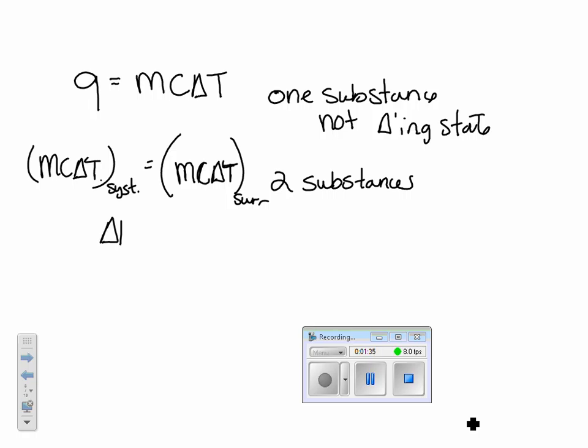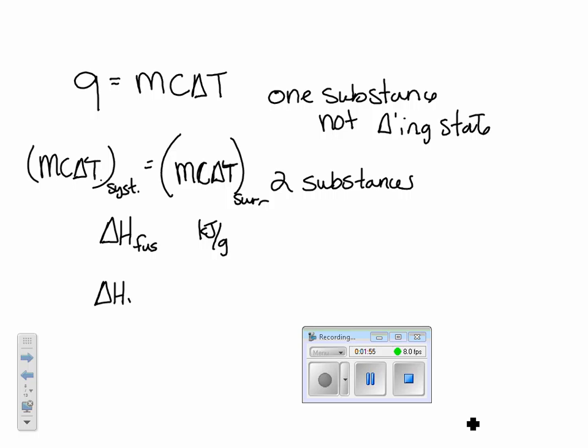So if a substance is melting, we will use the enthalpy of fusion expressed in kilojoules per gram. Sometimes that's expressed in kilojoules per mole, but well, we're going to use grams. Sometimes we'll use moles.